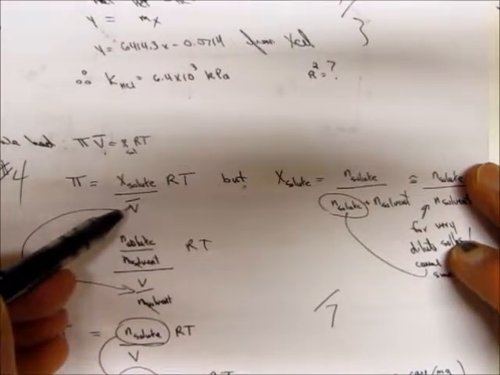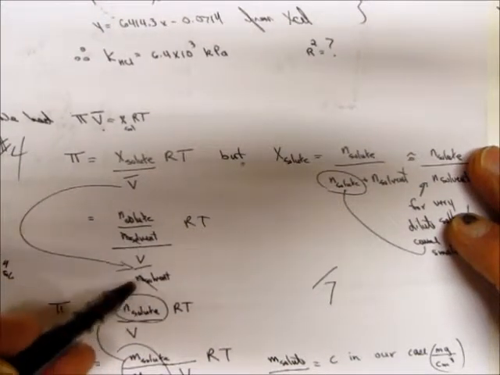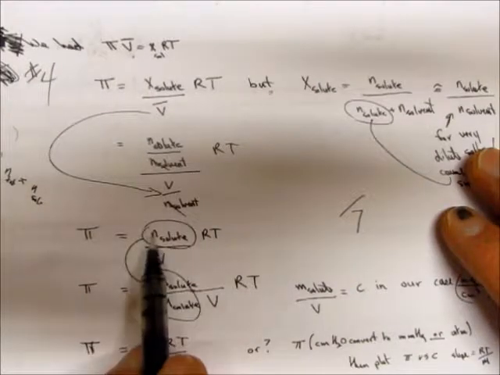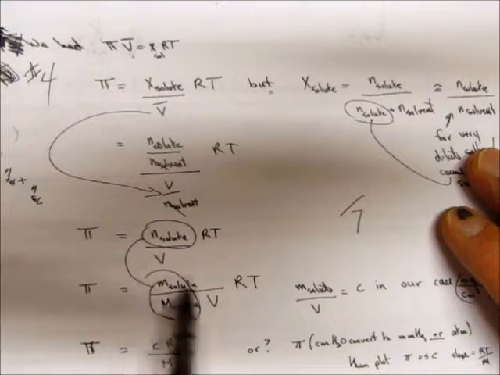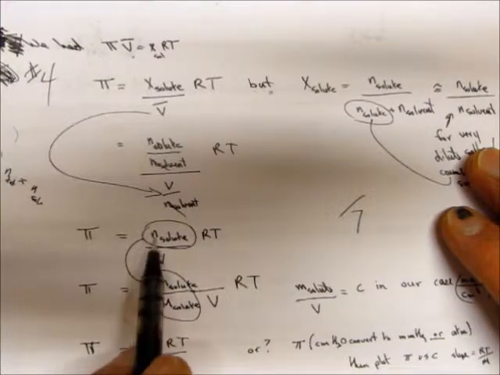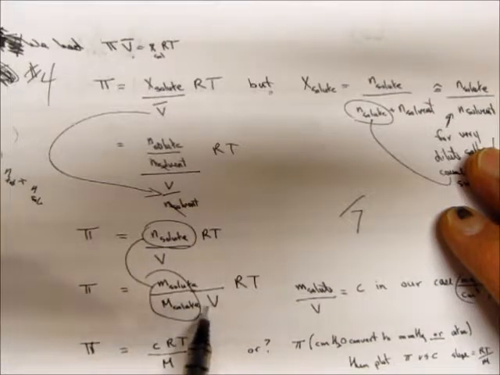We know that molar volume would be the volume per moles of solvent. So you can see how moles of solvent will cancel, leaving you with this. So moles of solute per volume, that's just the concentration. Moles could be replaced by little m over big M. See the V still there?